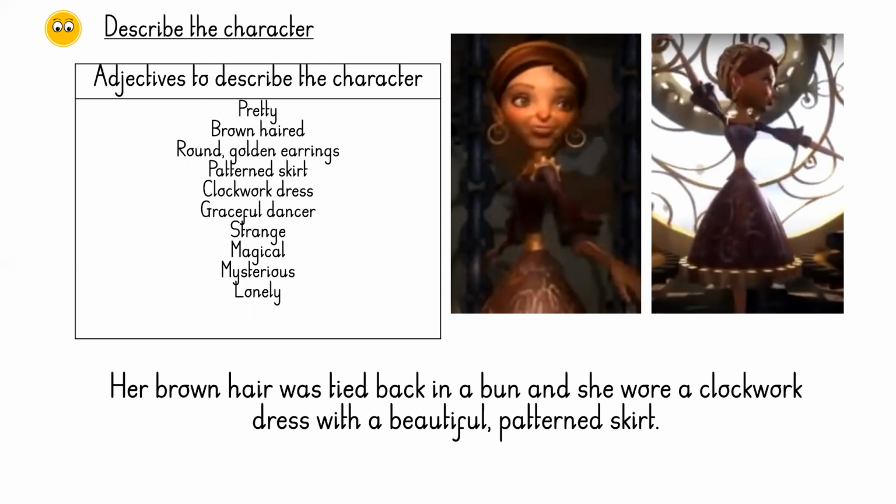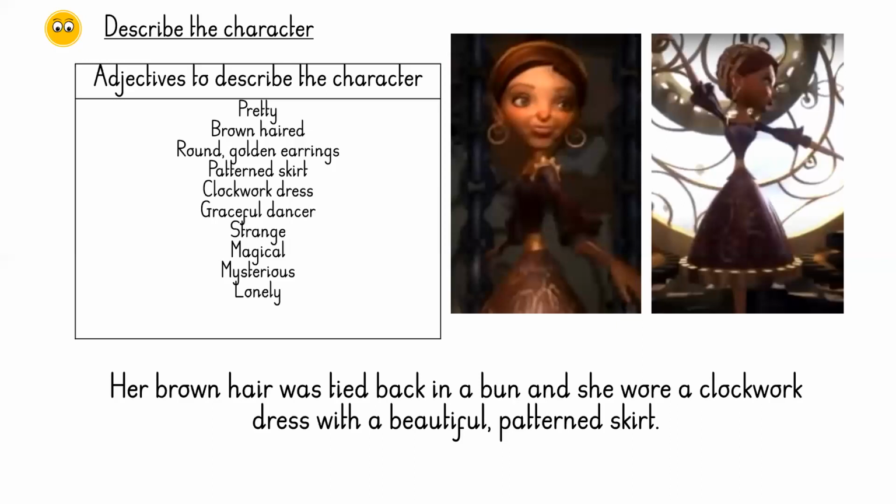Again, this is one of those areas where you're thinking very carefully about the vocabulary you are choosing, because you're trying to build up this picture of this character. So you're not going to, in one sentence, describe her as mysterious, and in one sentence describe her as really happy and cheerful, because they don't really mix together. So we're going back to this link through our paragraph and through our story.